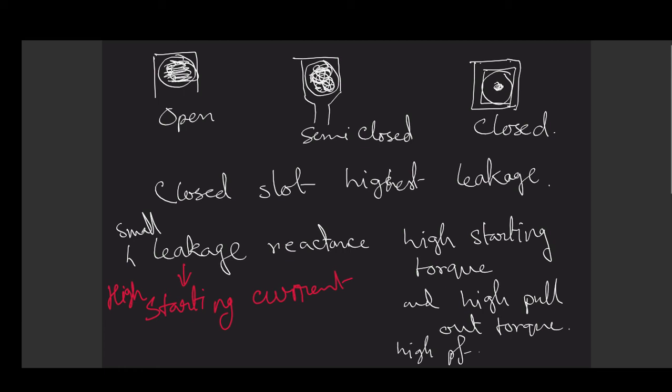We obtain a trade-off between high power factor and high starting current. So this is the essence of machine design: you must understand that you cannot be eccentric and go in a single direction.